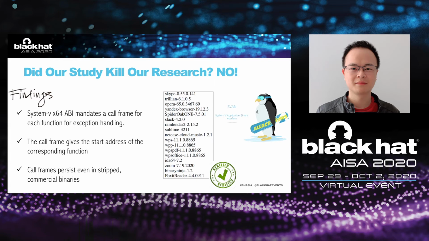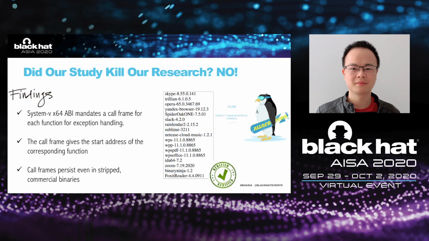From our study of the existing disassemblers, we gained many insights. One of the most important insights is related to System V x64 binaries, which are also the major targeted binaries of our research. Specifically, we found that the System V x64 ABI mandates call frame information for each function. Such call frame information is necessary to support runtime exception handling.